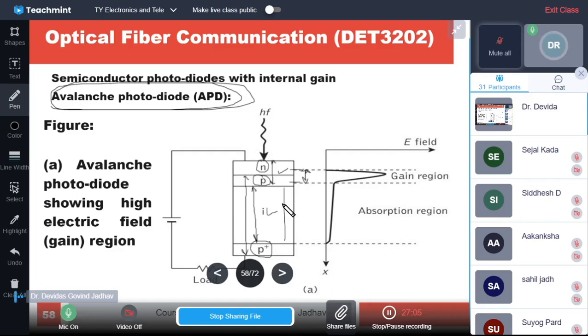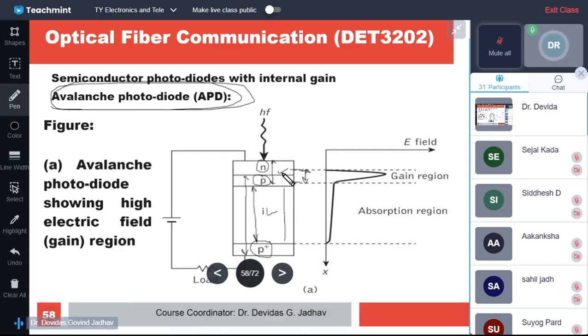So there is a kinetic energy associated with the electron due to the absorption region electric field, and as soon as it crosses the gain region, it acquires very high velocity and very high kinetic energy. With this very high kinetic energy, as it travels, it has collisions with other atoms in the region.